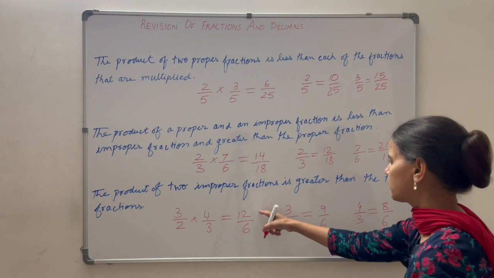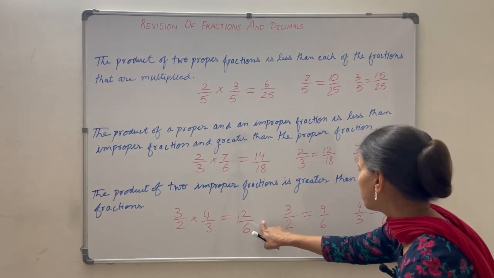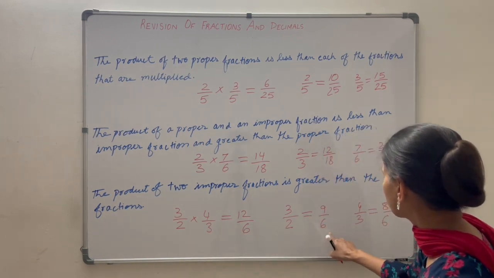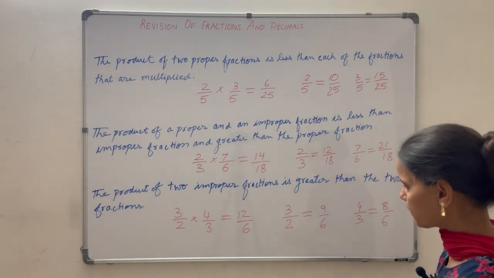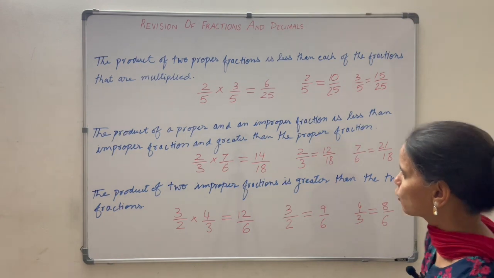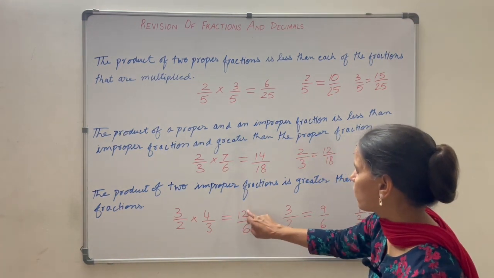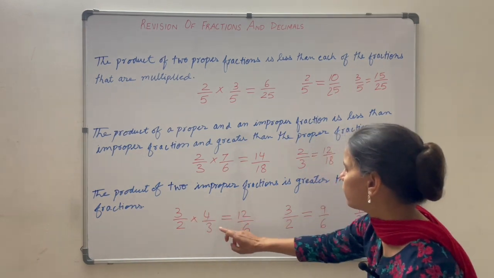So you can clearly see the product of the two improper fractions, that is this number, is greater than 3 by 2 and 4 by 3. You can clearly see 12 by 6 is greater than 9 by 6 and 8 by 6. So the product of two improper fractions, that is 12 by 6, is greater than 3 by 2 and 4 by 3.